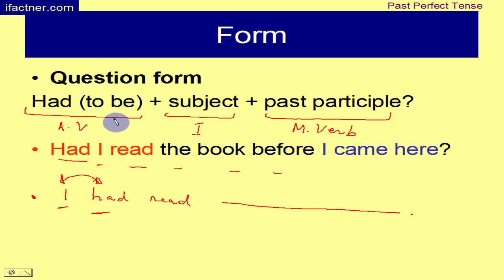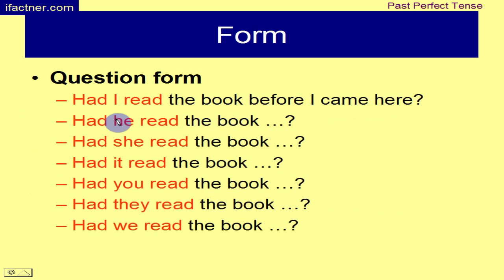Let's see it in detail with different pronouns. Had I read the book before I came here? Had he read the book? This is the third form or the past participle form. It is written like read, but it is spoken like red. Had she read the book? And in the end we have got a question mark.